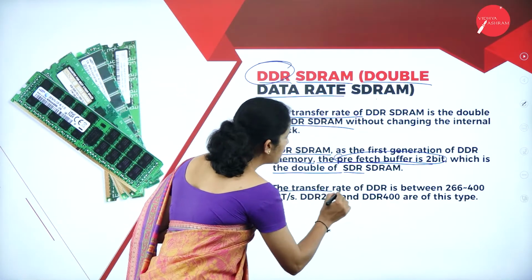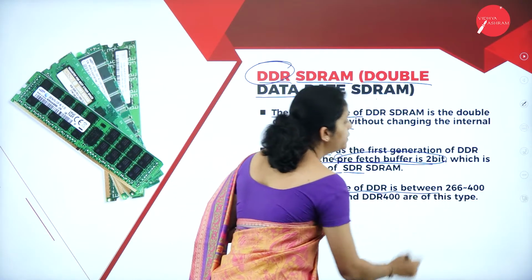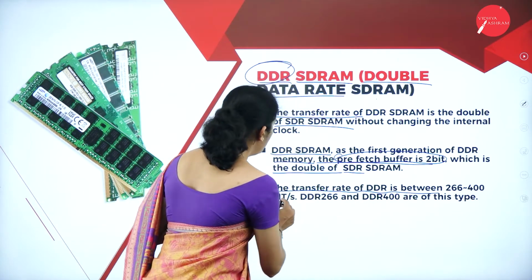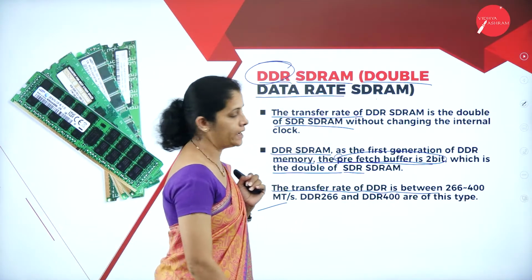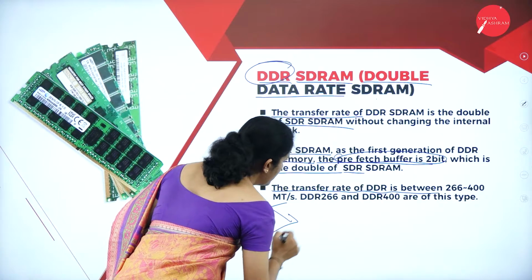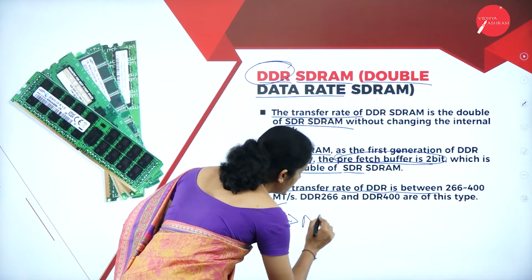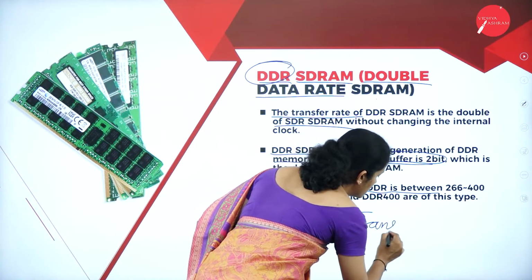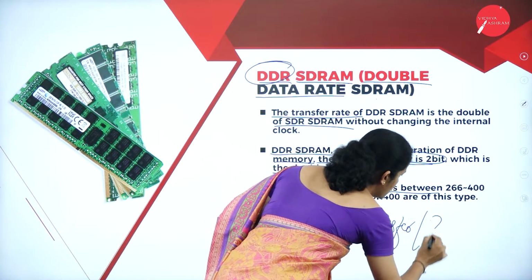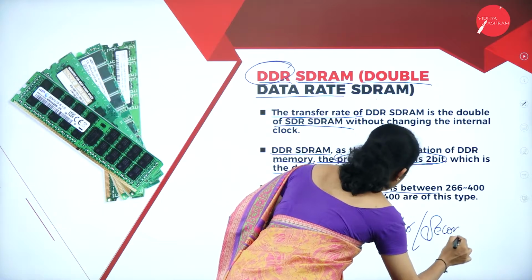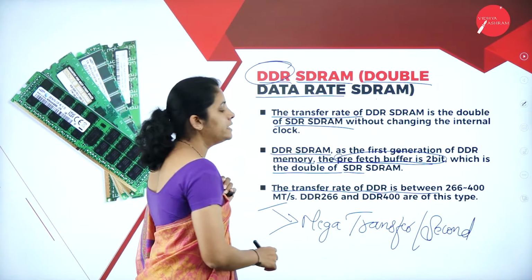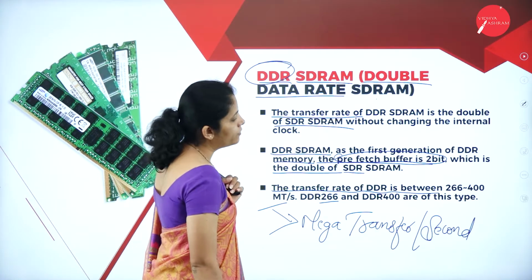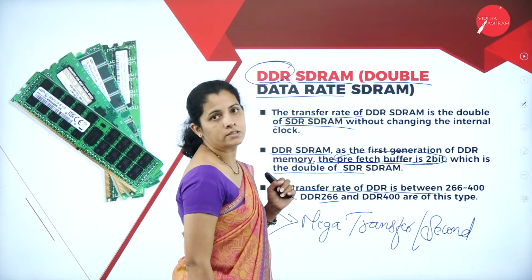The transfer rate of DDR is between 266 to 400 mega transfers per second. So here MT/s stands for mega transfers per second, and DDR 266 and DDR 400 are of the same type.